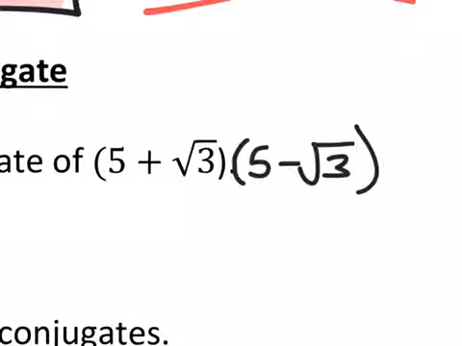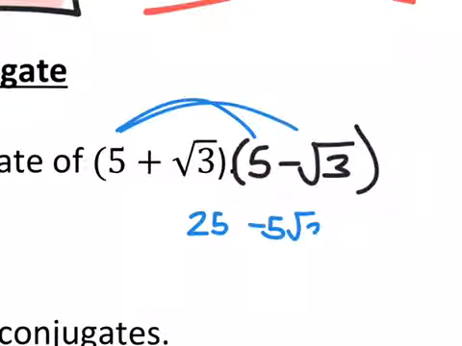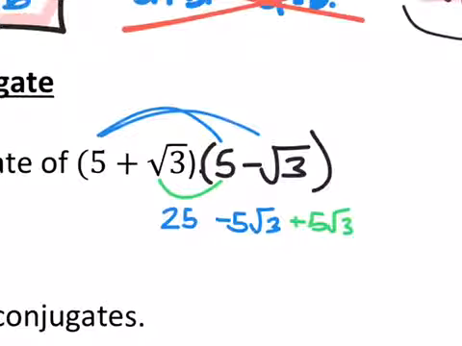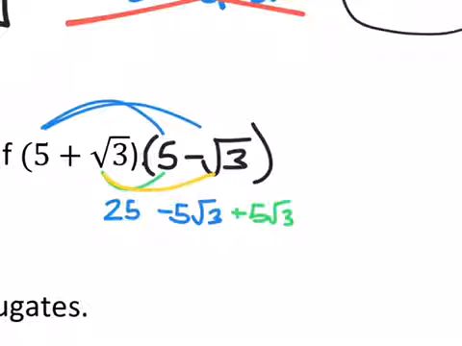And let's see why from the FOIL process. 5 times 5 is 25. 5 times negative square root of 3 is negative 5 square root of 3. Here we get a positive 5 square root of 3. And then here, positive times negative is negative. Square root of 3 times square root of 3 gives us square root of 9, which is just a 3.